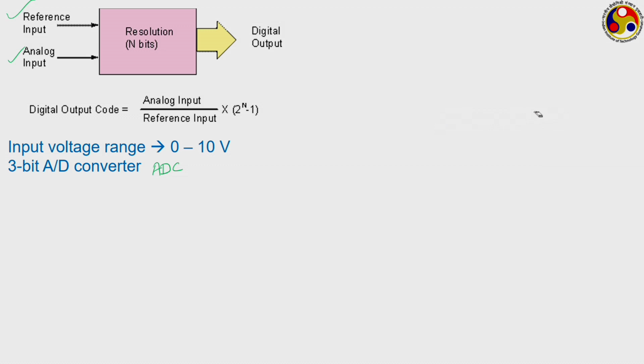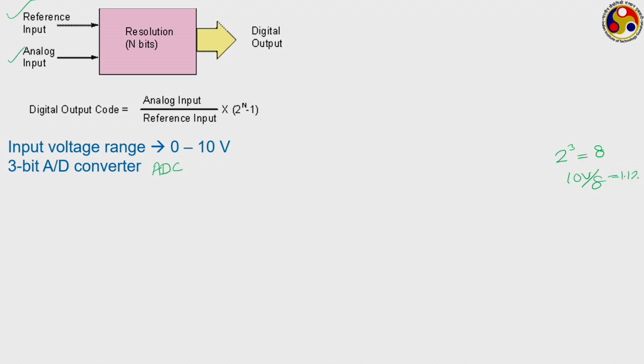So, we are using a 3-bit AD converter. 3-bit means how many levels it can allow, correspondingly how many decimal values we can allow. We can have 2 to the power 3, that is 8, which means 8 levels can be allowed within this range of 0 to 10 volt. If we divide this 10 volt by 8, what do we get?